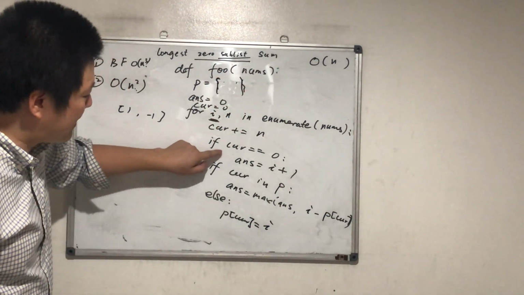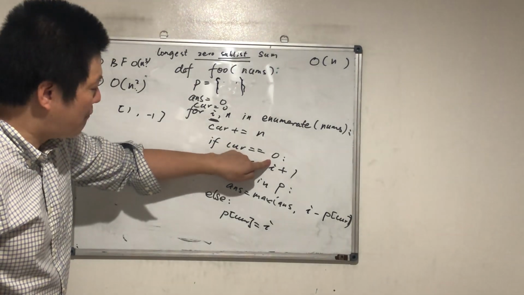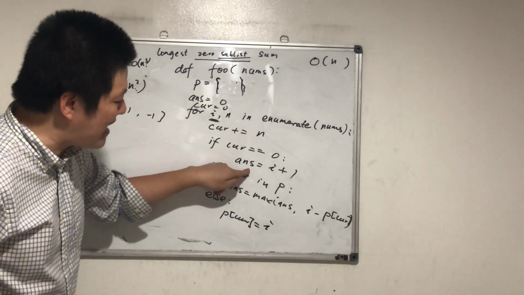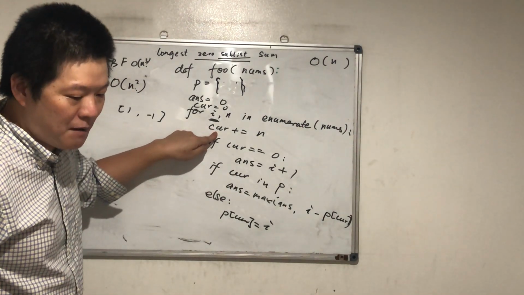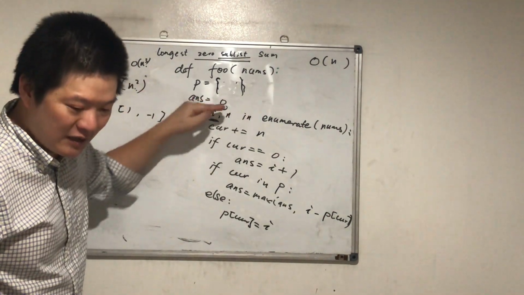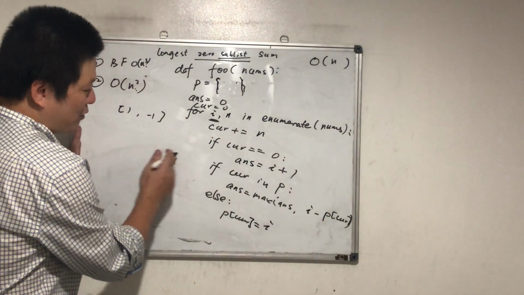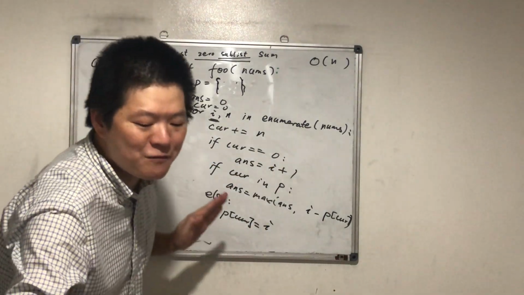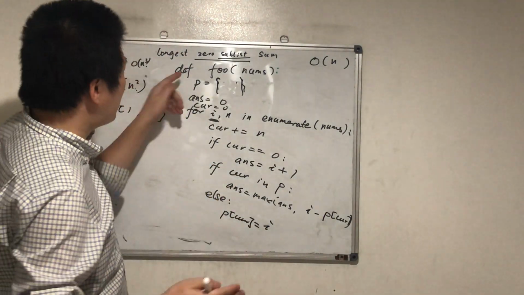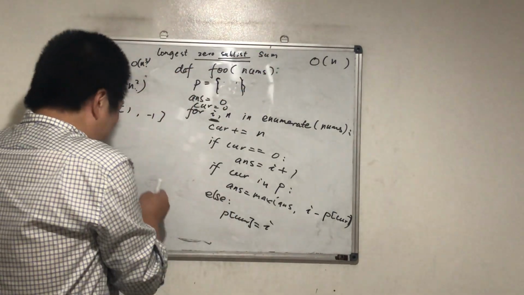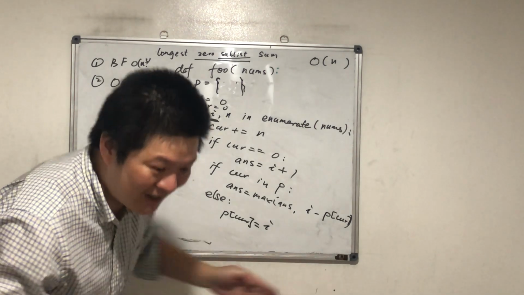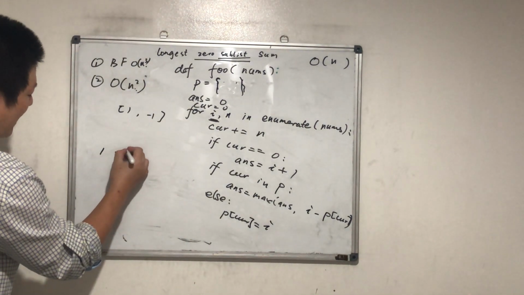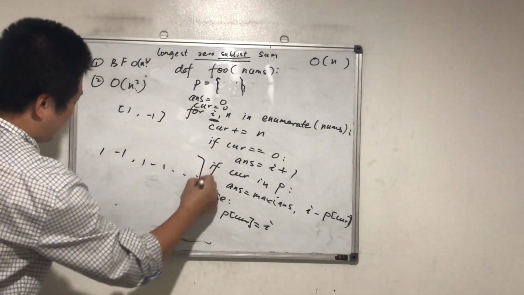So you see, if current equals 0, and here we don't need to put it here. Look, this is very tricky. If current equals 0, the answer will be i plus 1. Why is that? Because this current is the sum from the beginning. So if it's 0, you can't find any longer 0 sublist sum than from the beginning to current, right? It's always bigger. You have a number, you're going to the beginning.